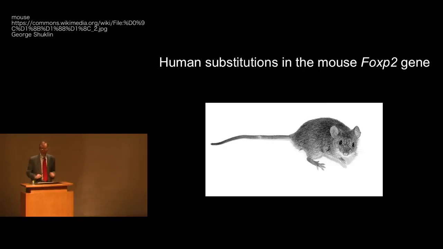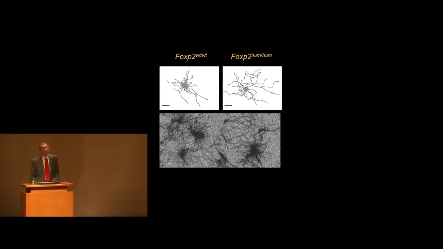And now you then have a model that you can begin to study. And you find, for example, that neurons in certain parts of the brain in these humanized mice with the human FOXP2 genes make longer dendrites, so longer connections to other neurons, than in the wild-type mice.